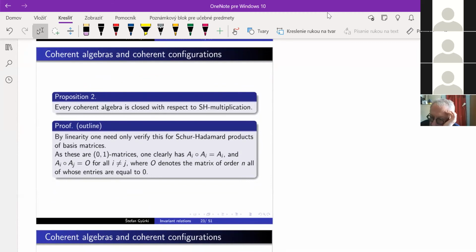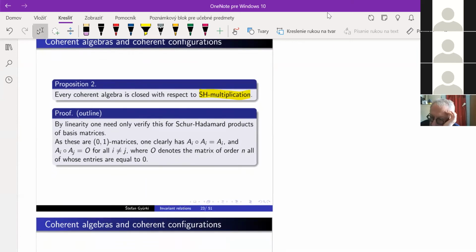An important property of coherent algebras is that each coherent algebra is closed under this Schur-Hadamard multiplication. This is easy to verify because you need just to verify it on the matrices from the basis, and these matrices are 0, 1 matrices.